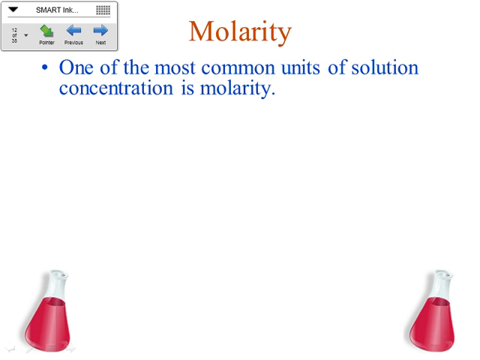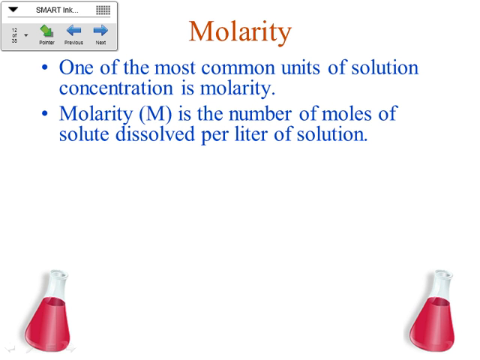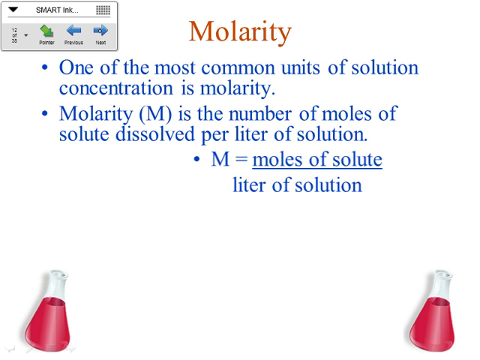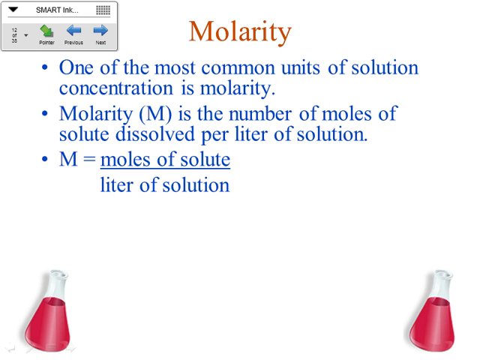So molarity is a very common one, like I said, especially in chemistry. And it's the number of moles of solute dissolved per liter of solution. Okay? So moles per liter is going to be the unit for molarity. That's your formula. It's already on your paper. Moles over liters. Now, be careful again, because this is moles of solute and this is liters of solution.